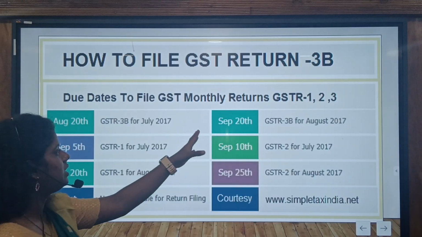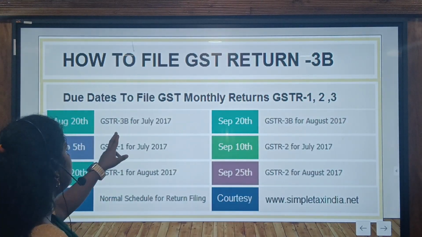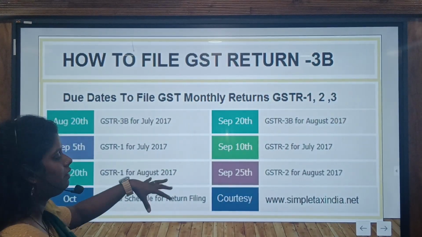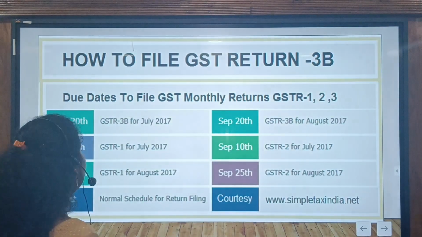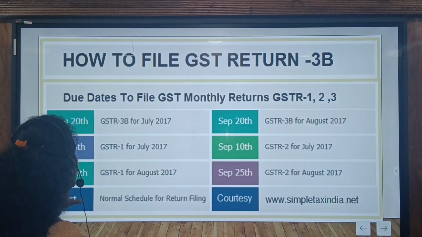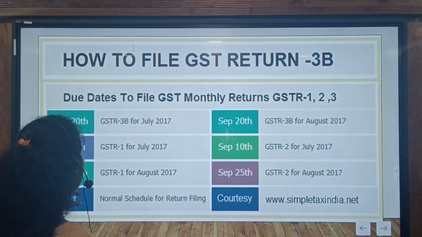So the due dates to file the GST monthly returns GSTR 1, 2 and 3. August 20th for GSTR 3B for July 2017. So this is for the previous years, and now we can see 2025. September 5th for GSTR 1 of 2017, which has been the provision of that particular year, 2017.